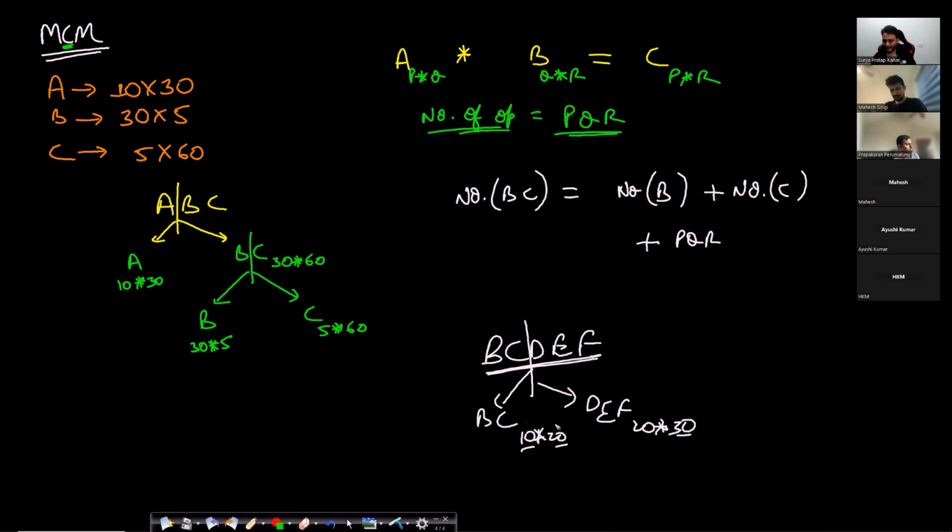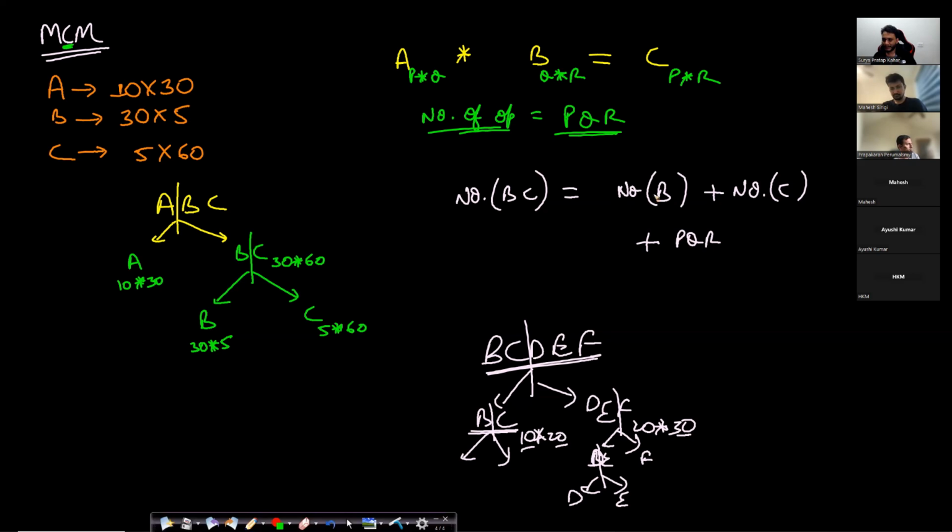You have to see what the number of operations was to calculate BC, and you also have to calculate the number of operations to calculate DEF. And again, this DE will be calculated further on, right? So you have to solve the subproblems too. You cannot just say it is PQR, right?